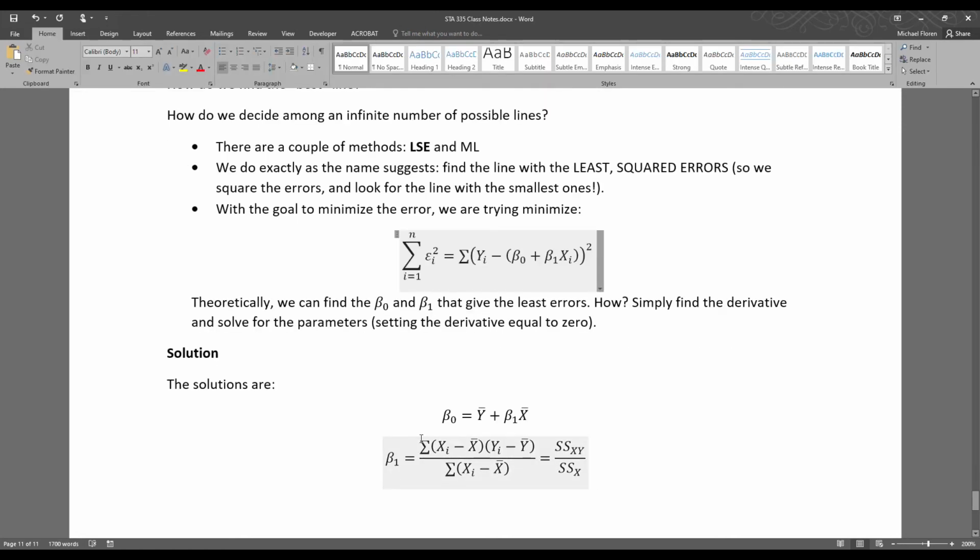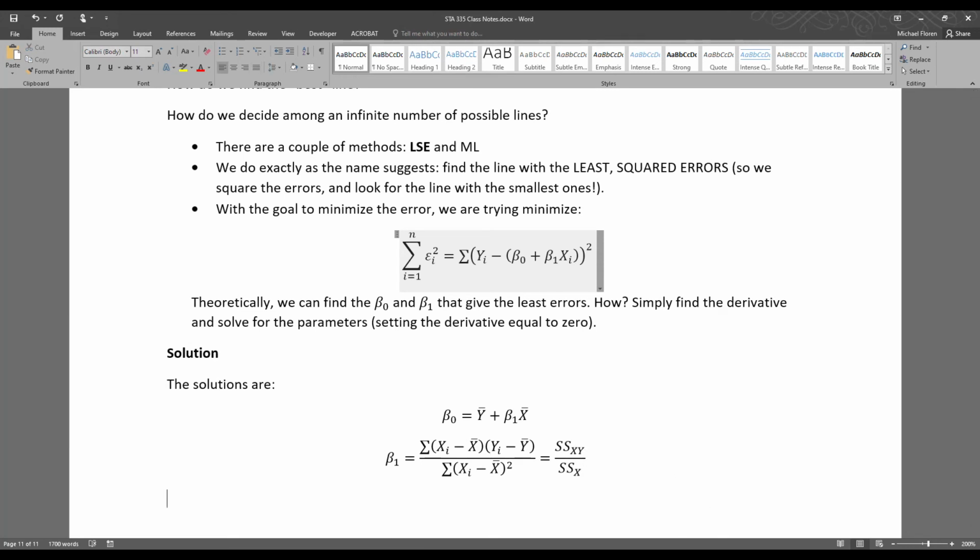Here we can see that the beta 1 equation is the sum of x sub i minus x bar, so just the mean of the x values, times y sub i minus y bar, just the mean of the y values, divided by the sum of x sub i minus x bar quantity squared, which is actually the same thing as the sum of squares of xy divided by the sum of squares x.